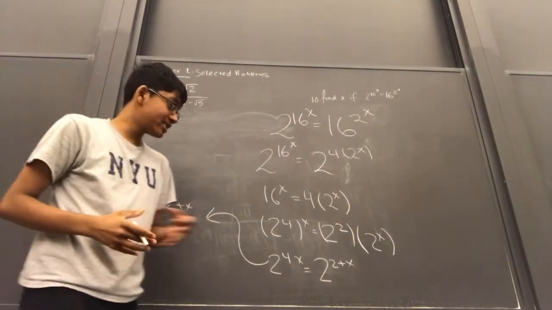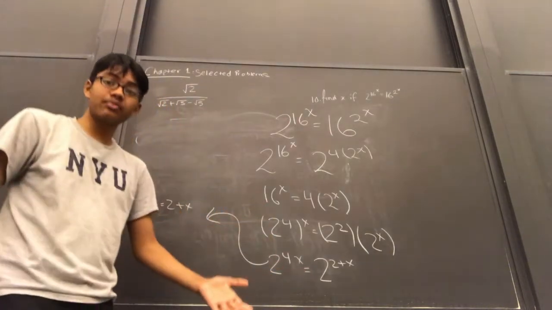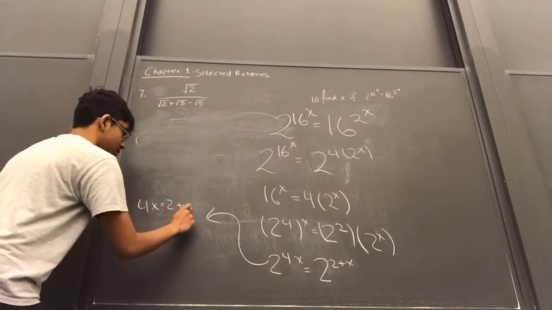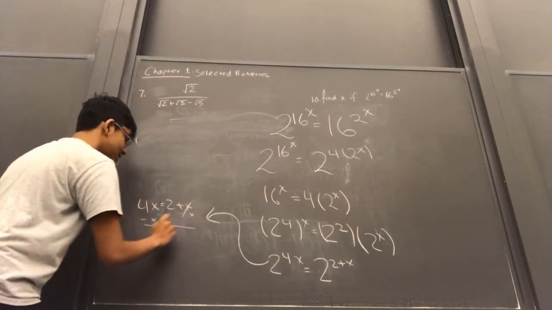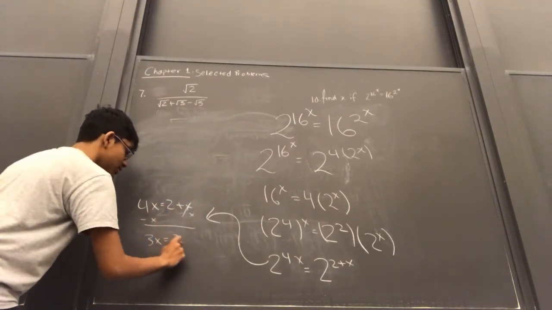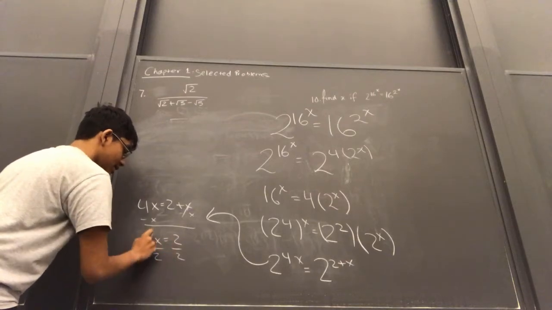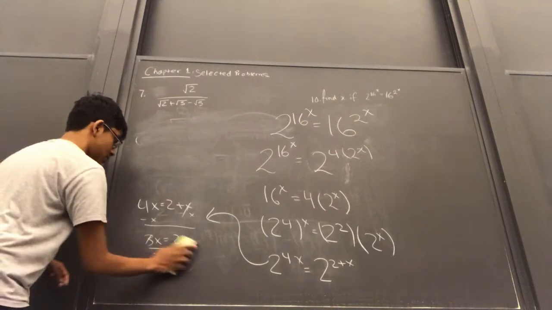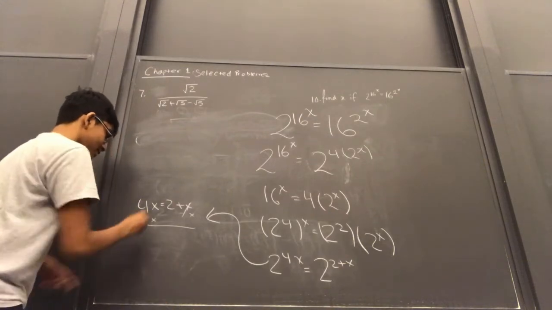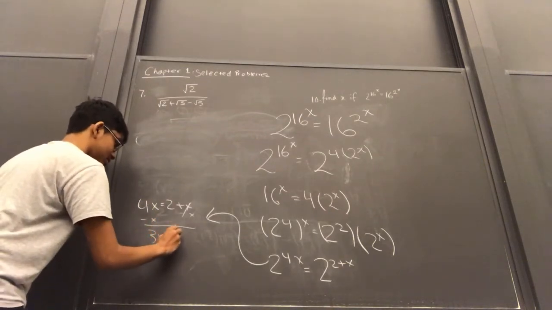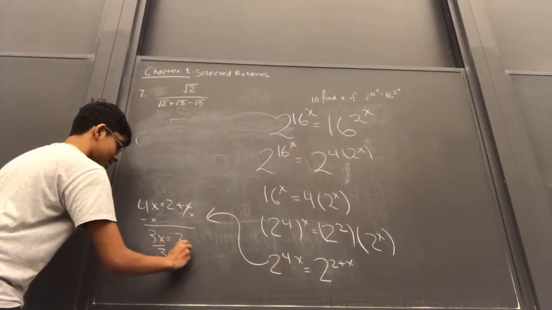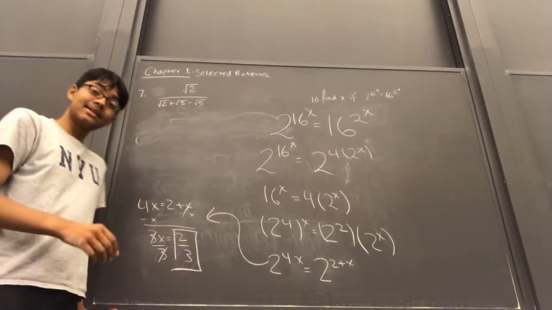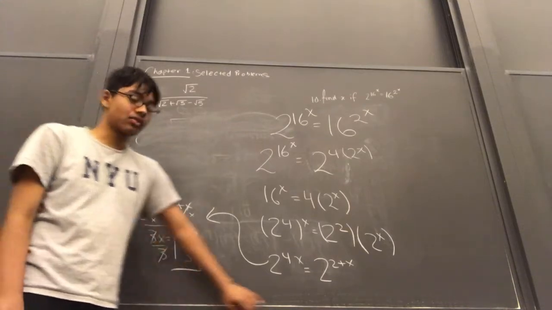Remember, since we now have the same base and everything is simplified, we're going to set the exponents equal to each other. So we're going to subtract x from both sides. We're going to get 3x is equal to 2. And x is equal to 2/3. And that is the answer for the second question.